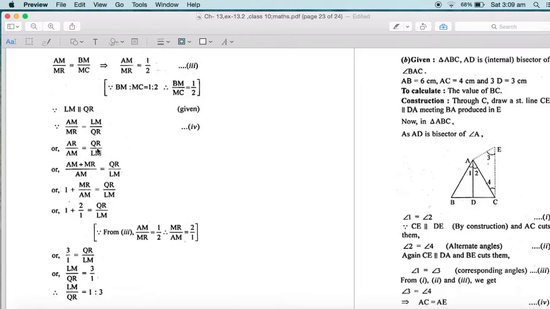Okay, so now put the values that you know. AR upon AM equals QR upon LM. So what am I doing here? I am simply taking the reciprocal.